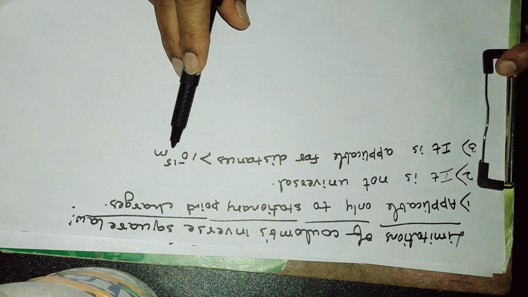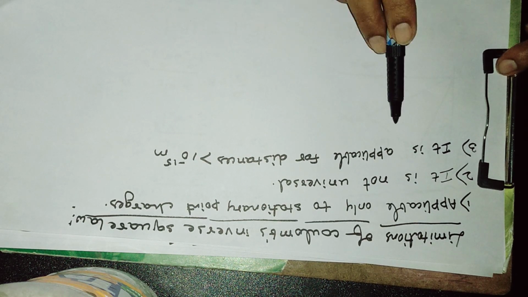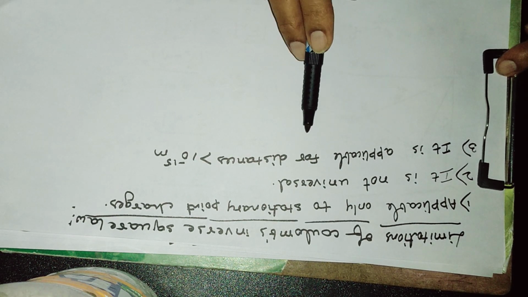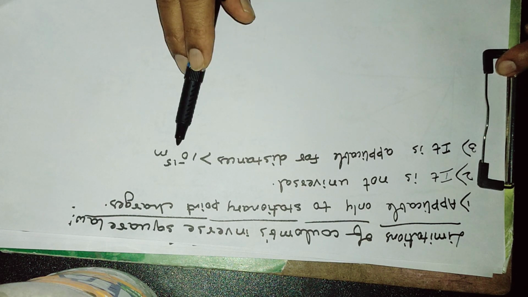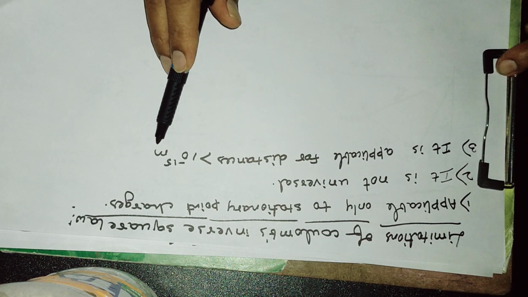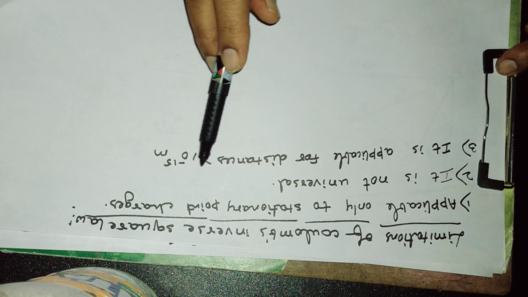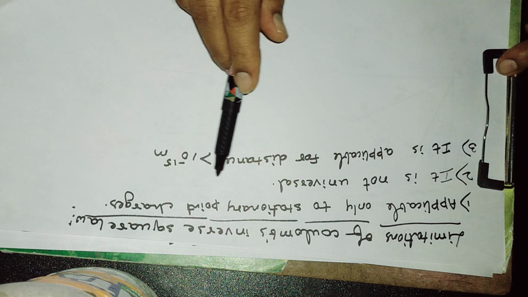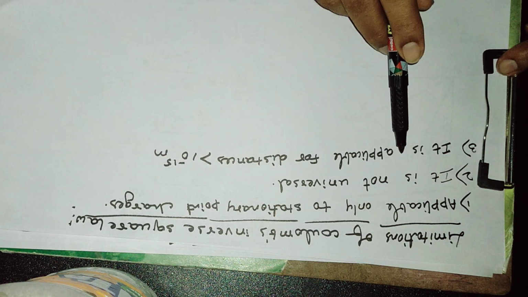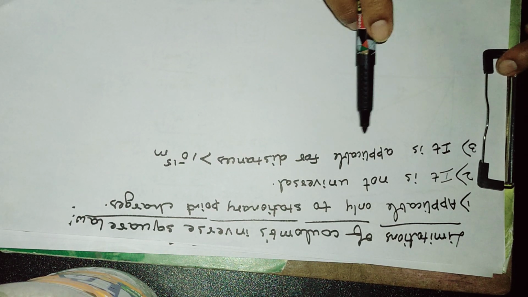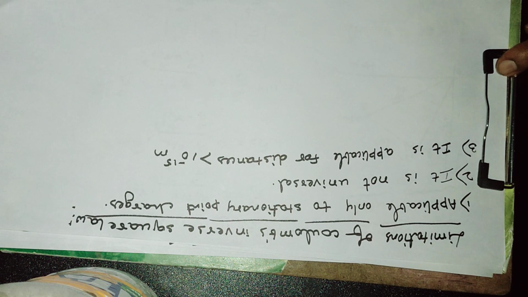Hence, this is one more limitation: Coulombic force can be detected only for distances greater than 10 raised to minus 15 meter. So these are the three limitations. Coulomb's inverse square law is applicable for stationary point charges only. It is not universal and it is applicable for distances greater than 10 raised to minus 15 meter.